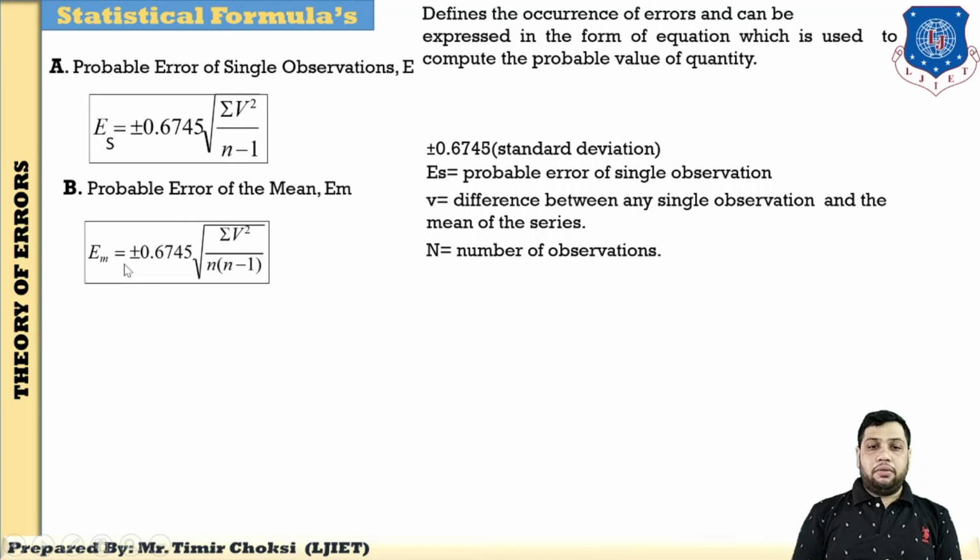So EM equal to probable error of the mean, 0.6745 is the standard deviation, V equal to residual error, the difference between any single observation and the mean of the series, and last n equal to number of observations. So these are the two formulas to find the probable error.